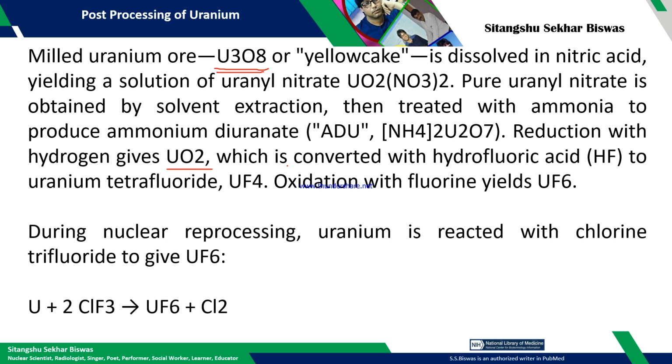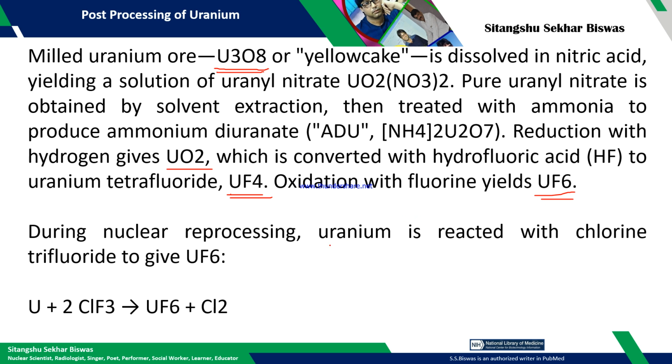Then the uranium dioxide is reacted with hydrofluoric acid, and this uranium dioxide will be converted to uranium tetrafluoride. Then fluorination is done on that uranium tetrafluoride, and you will get uranium hexafluoride.